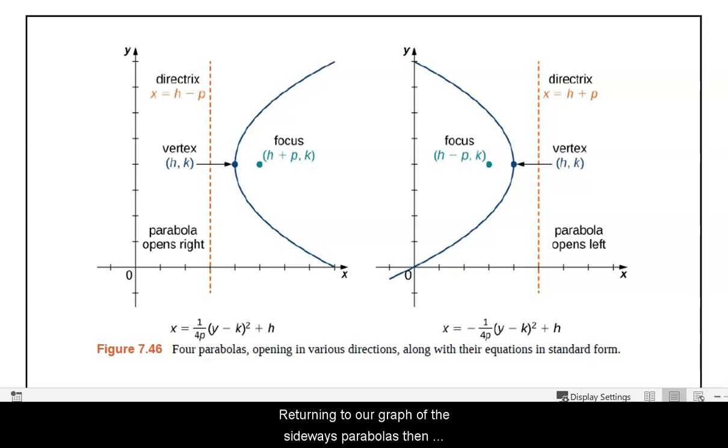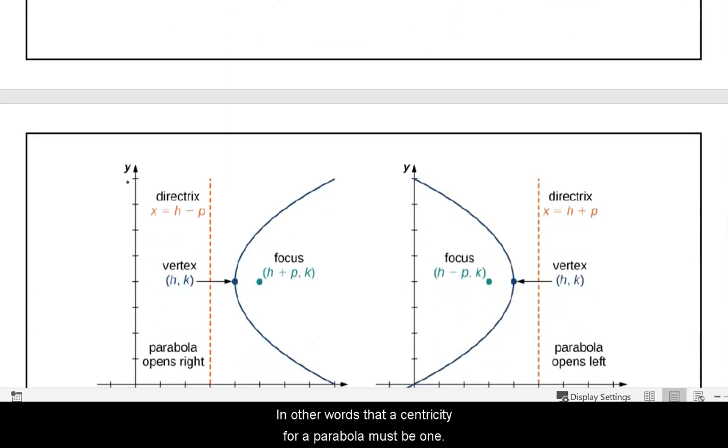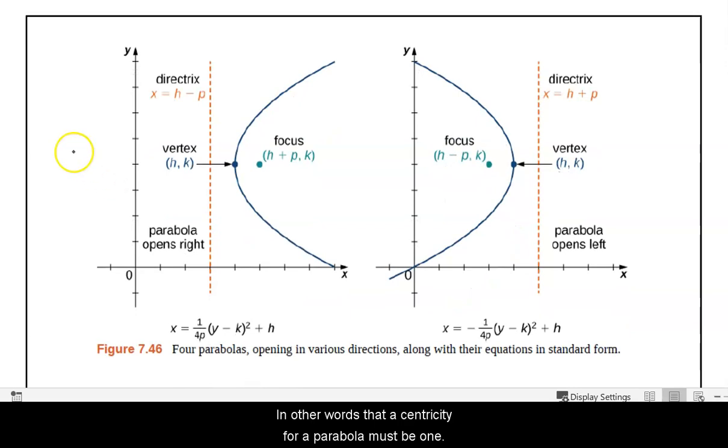Returning to our graph of the sideways parabolas then, what would the eccentricity here be? Remember what our definition for a parabola was. It's the set of all points that are equidistant from the fixed point in space, the focus, and the fixed line in space, the directrix. In other words, the eccentricity for a parabola must be 1.